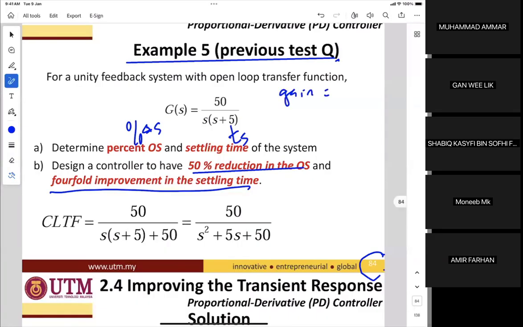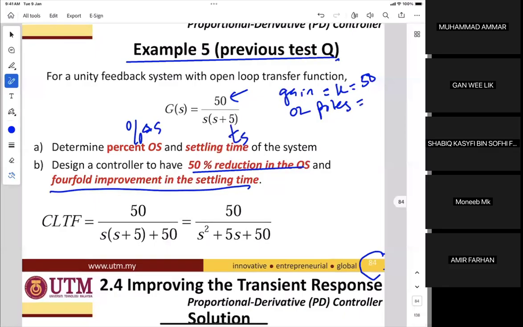Munib, what is the gain value of the transfer function? 50. Okay. What is the open loop poles value? -5 and 0.